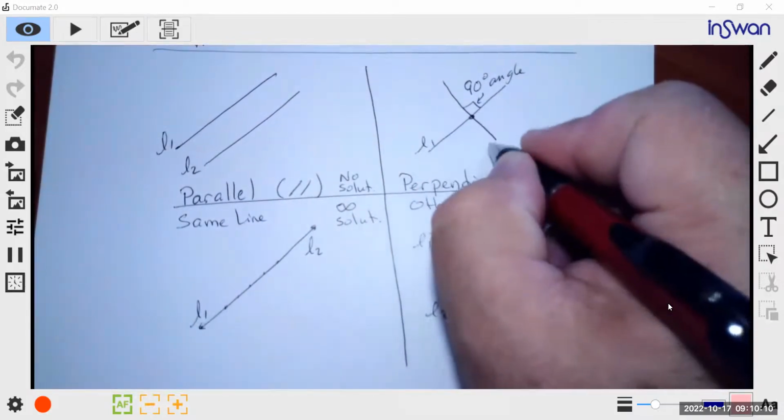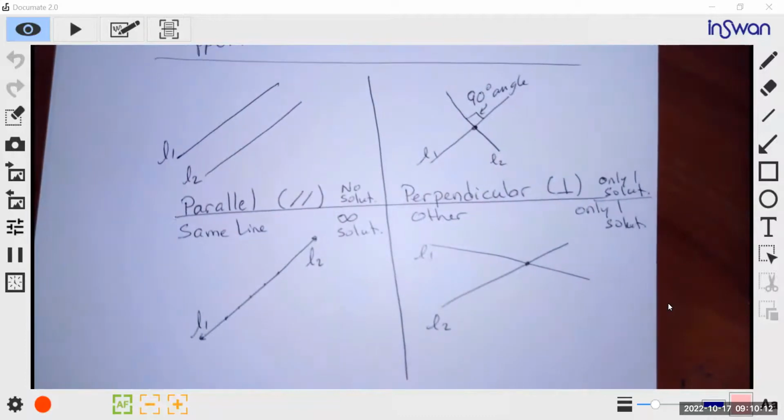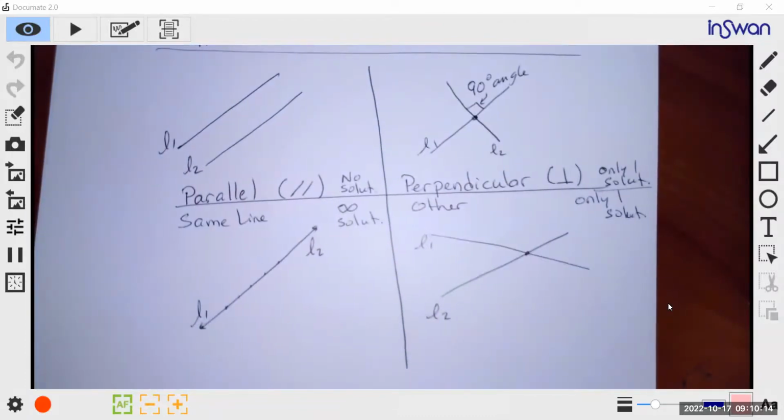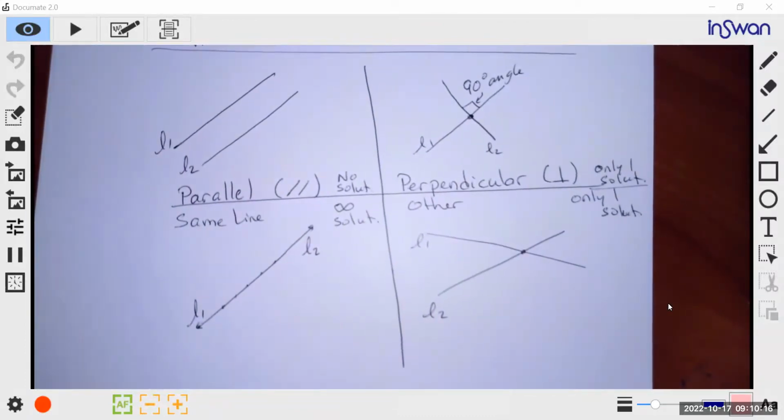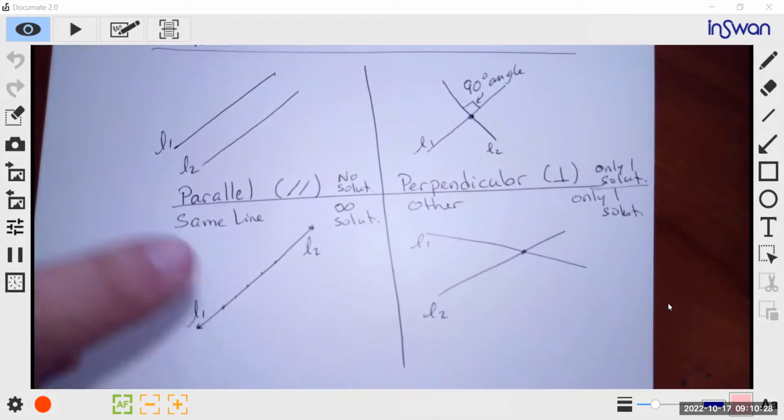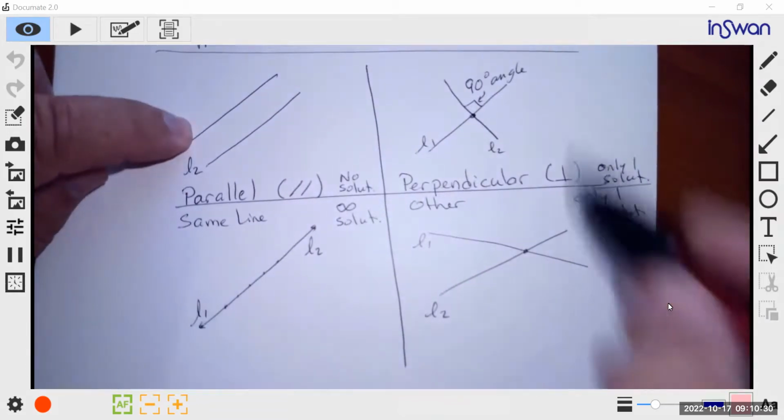There's line 1, there's line 2. So those are the only four things that can happen when you have two lines. They can be parallel, they can be the same line, they can be perpendicular, or they could be some other orientation. All or nothing, and then these only have one solution.